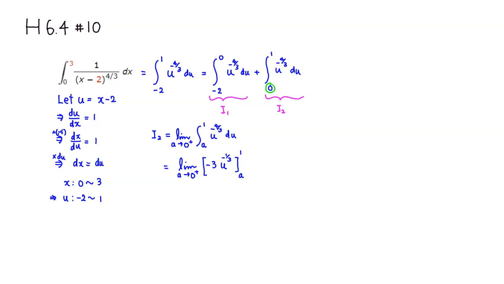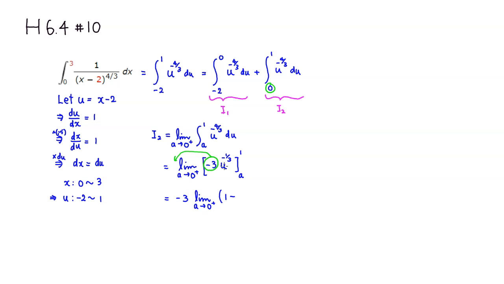Since negative 3 is just a number, I'm going to send it right in front of the limit. So this is negative 3 times the limit as a approaches 0 from the positive side of 1 minus a to the negative 1/3 power.